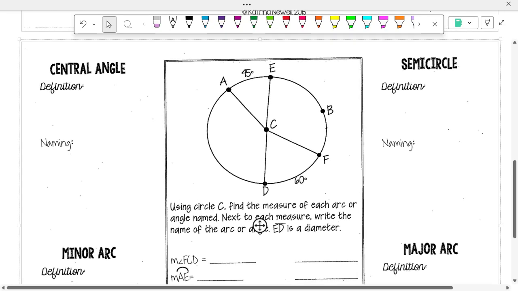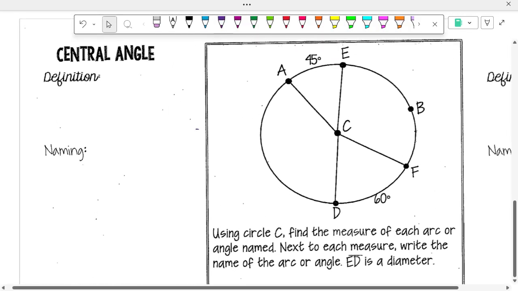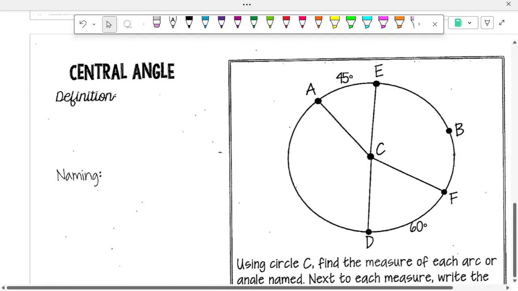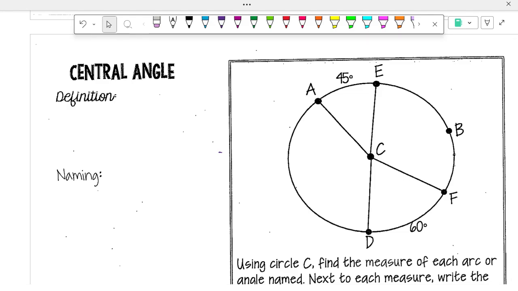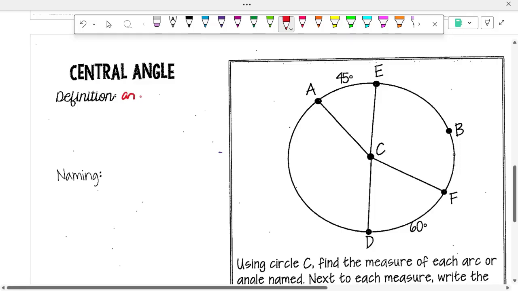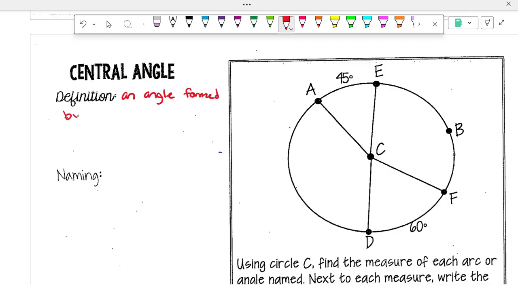First thing we're going to talk about, before we even get into arcs, we first need to understand what a central angle means. Now, when you hear the word central, what do you think of? Center. So a central angle is an angle formed by 2 radii.